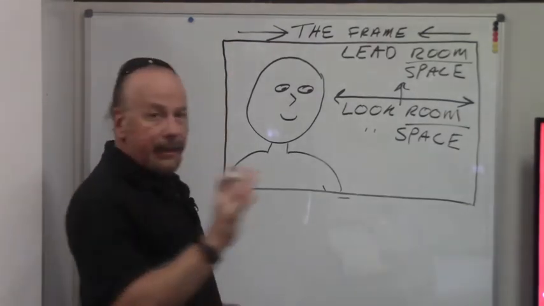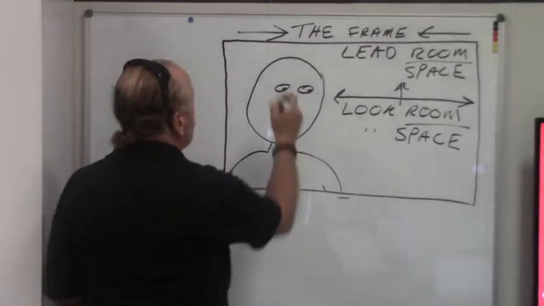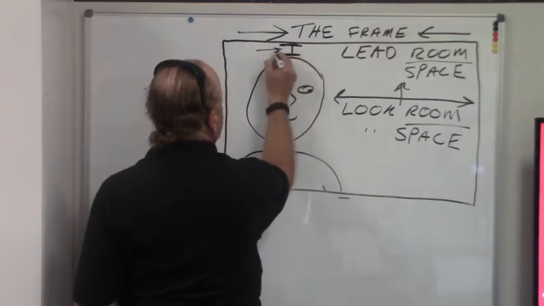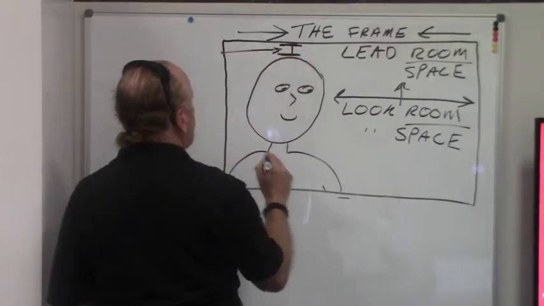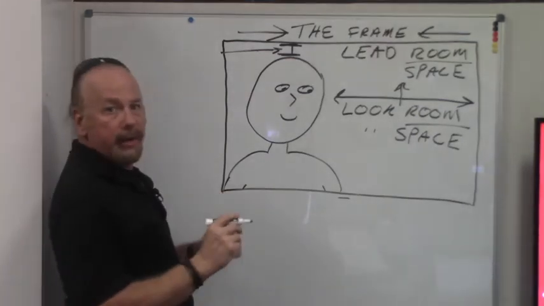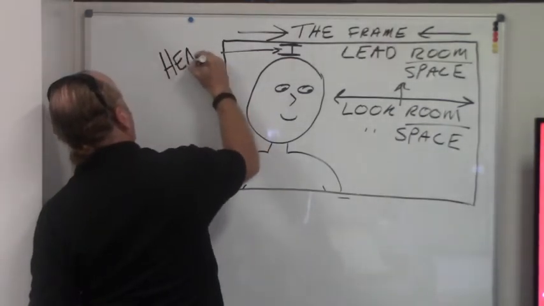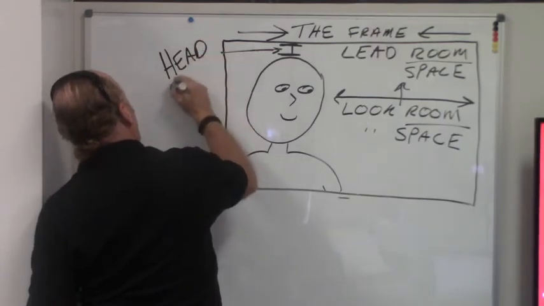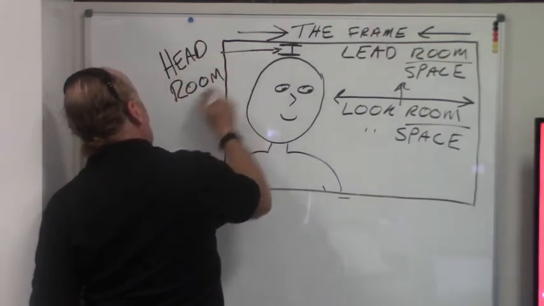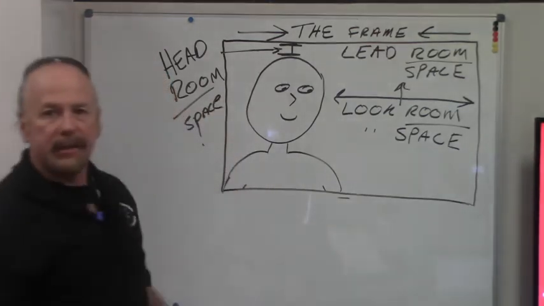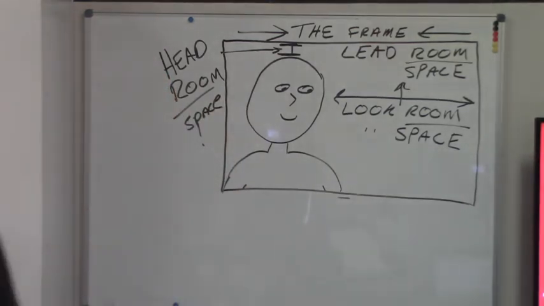Now, the next term that you saw in there refers to this space right here, which I'm going to write and get out of the way, okay, is headroom. Again, you can also call that head space, okay? Let me kind of get out of the way here, all right?